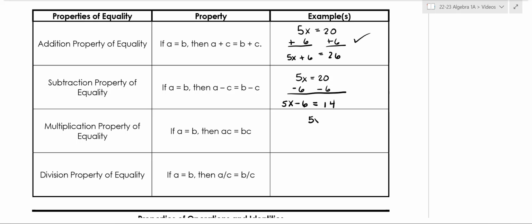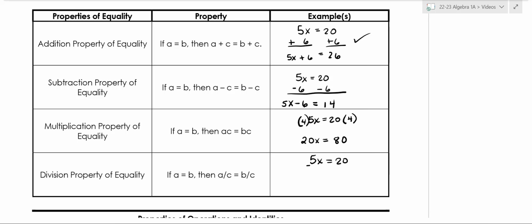Multiplication property. If I multiply the right hand side by 4, then I also have to multiply the left hand side by 4. So 20x equals 80. Division property of equality. 5x equals 20.